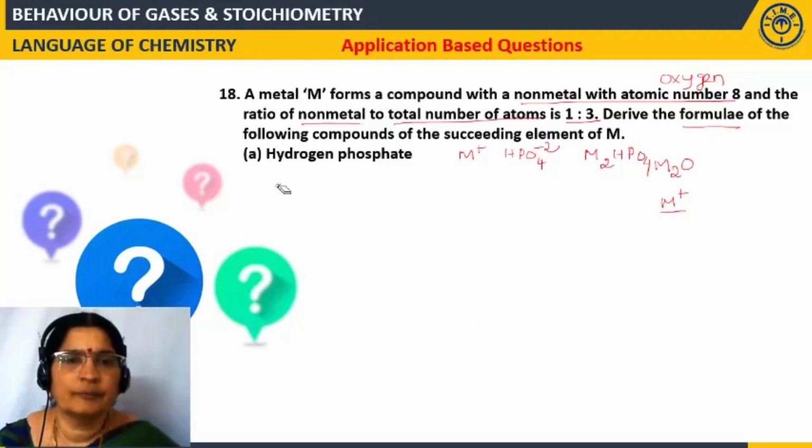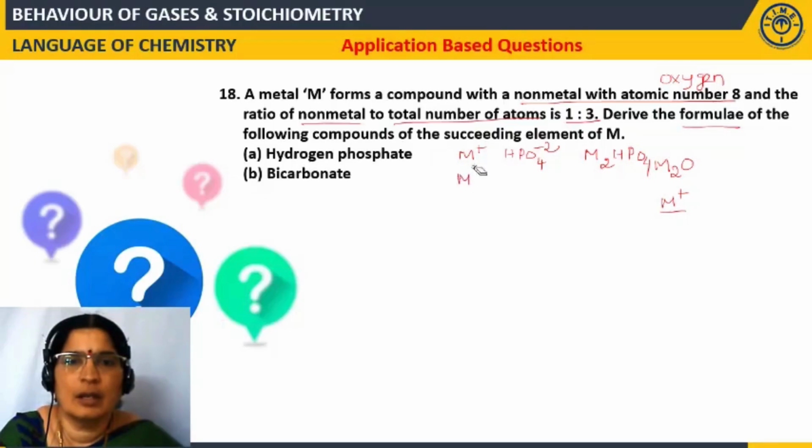Now, bicarbonate: M plus and then HCO3 minus. It should be MHCO3.